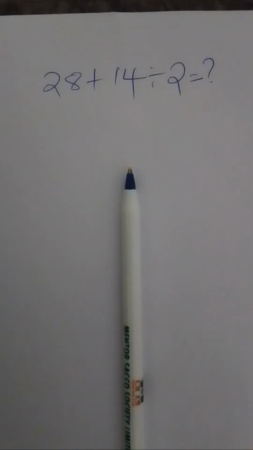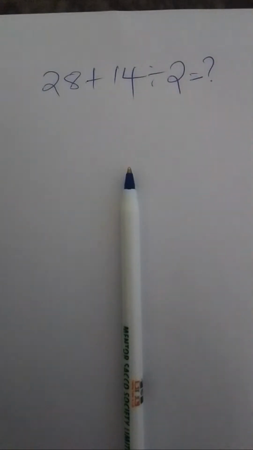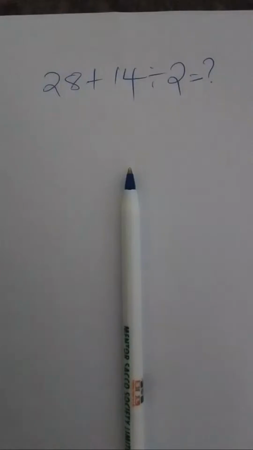Okay, so anyone who has worked it out, please let's work it out very quick. 28 plus 14 divided by 2. That is where I think we are, and I believe we are there together.